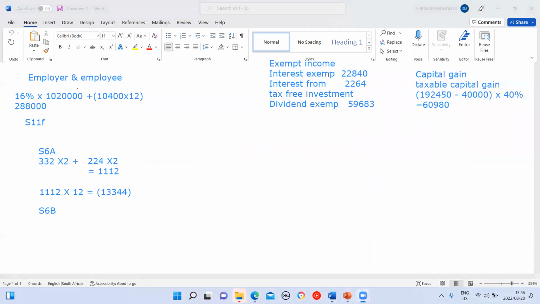Then you have to add it to your medical expenditure.